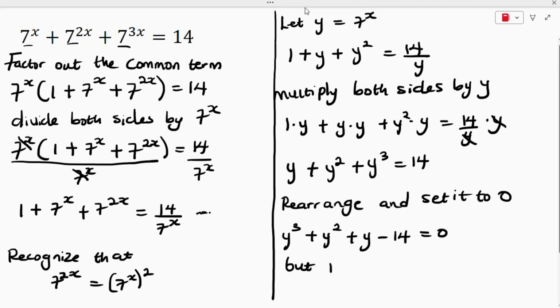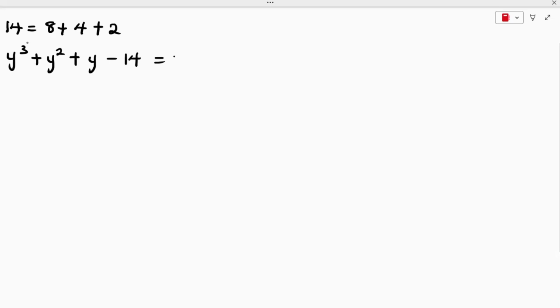But we can easily write 14 to be equal to 8 plus 4 plus 2, which gives us 14. Now we know that 14 can be written as 8 plus 4 plus 2, and we have y cubed plus y squared plus y minus 14 is equal to 0. So let's simply rewrite 14 as this.